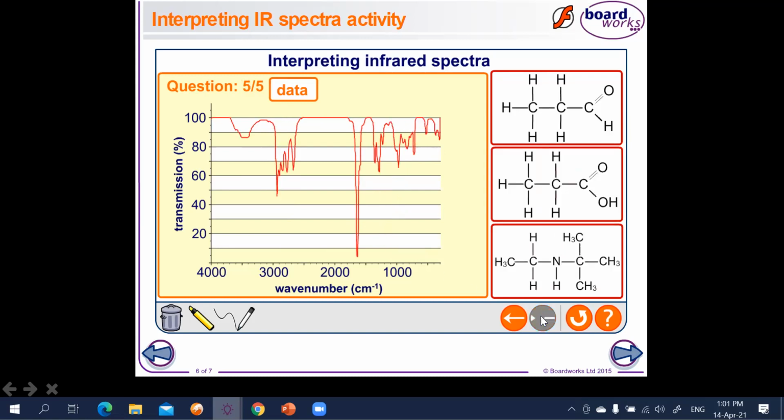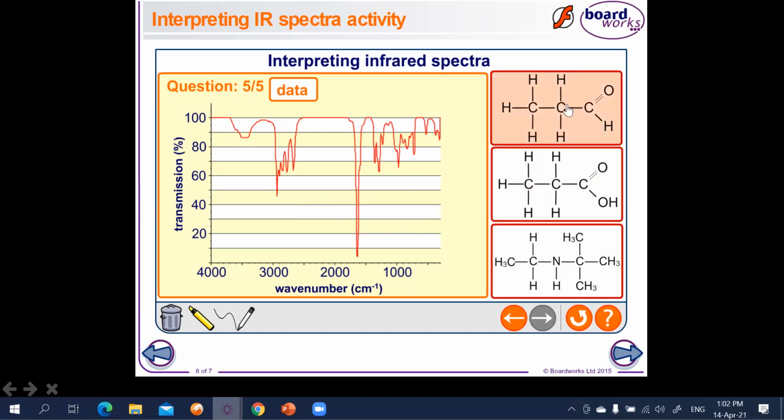And last but not least, here's another one. Okay, so no alcohol again. Cut that one out for sure. Do we have a nitrogen in here? I don't think this is a strong enough peak, and that nitrogen usually should be a terminal nitrogen, is what I mean. So I would rule that one out.